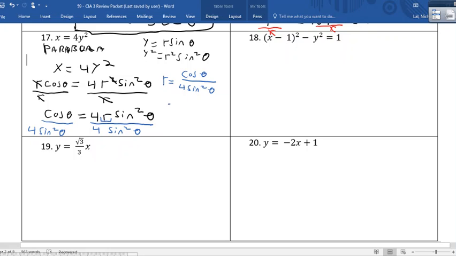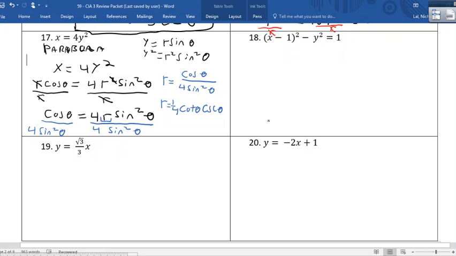We can simplify this as r is equal to, and follow this logic here, we could factor out a 1/4, the cosine of theta over the sine of theta, one of the sine of theta, because we have 2 sine of theta in the denominator, is going to be the cotangent of theta, 1/4 times the cotangent of theta, and then 1 over the sine of theta is going to be the cosecant of theta. 1/4 the cotangent of theta times the cosecant of theta.